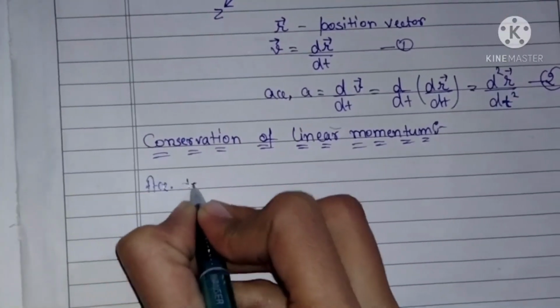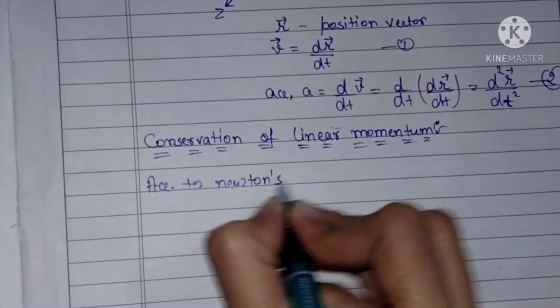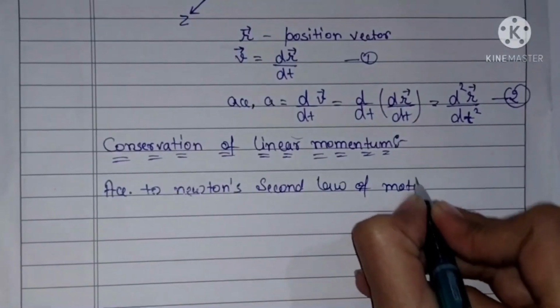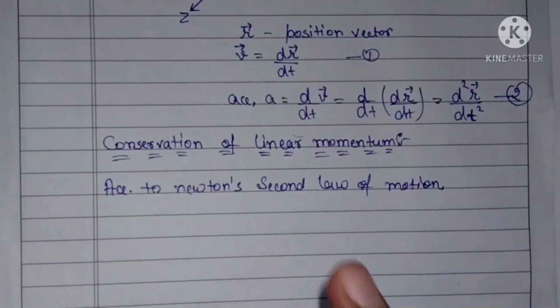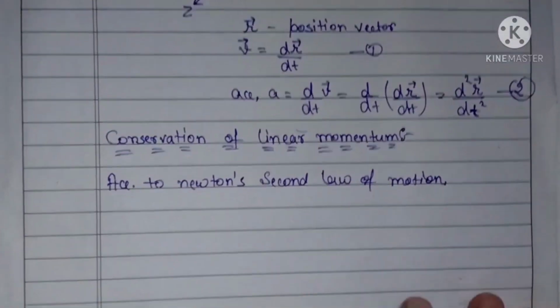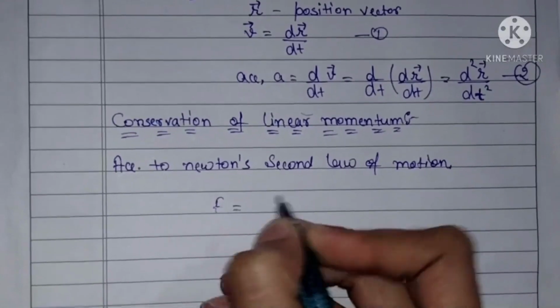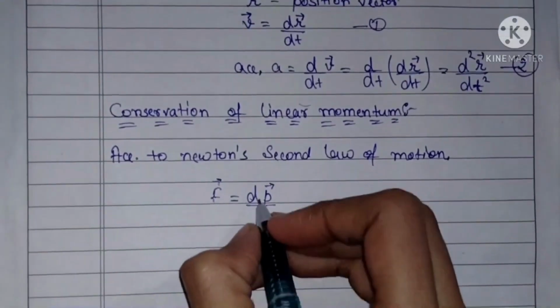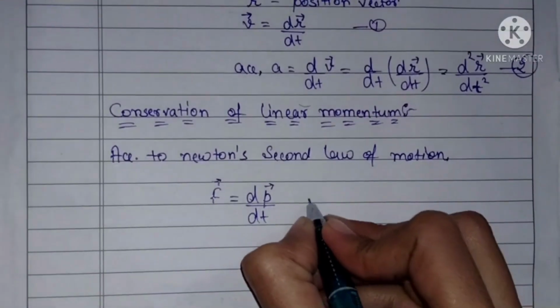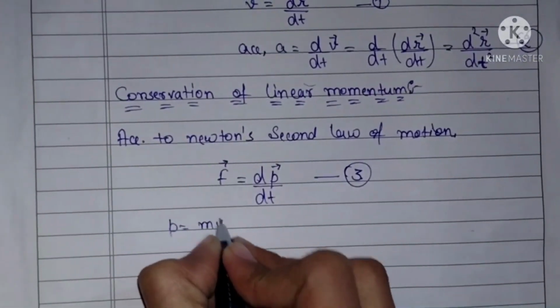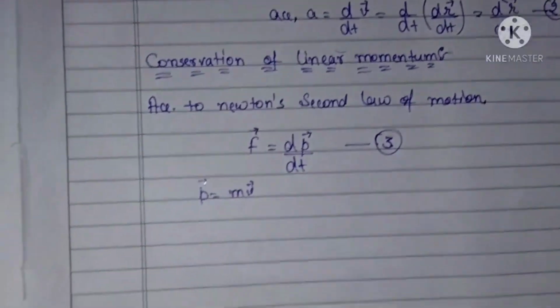Now we will write, according to Newton's second law of motion, in terms of linear momentum, that F is equal to dp over dt, the rate of change of linear momentum, giving it equation number 3, and writing for p is equal to mv.